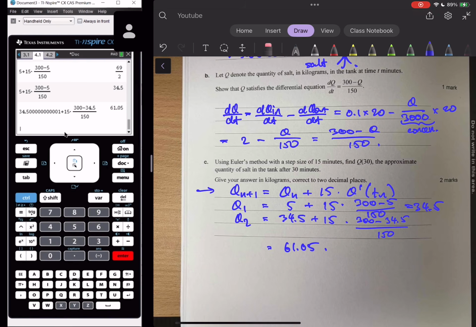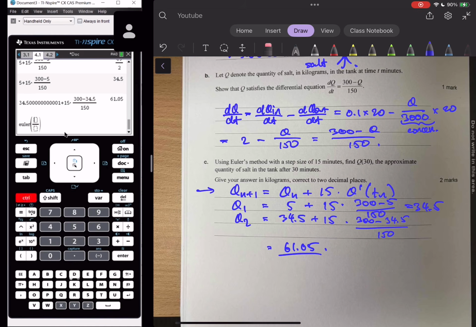Okay, let's verify this with the Euler's method command. So this is Euler. We plug in the differential equation, which is (300 minus Q) over 150. We have the independent variable, the dependent variable, and then the range for the independent variable, which goes from 0 up to 30 in this case.